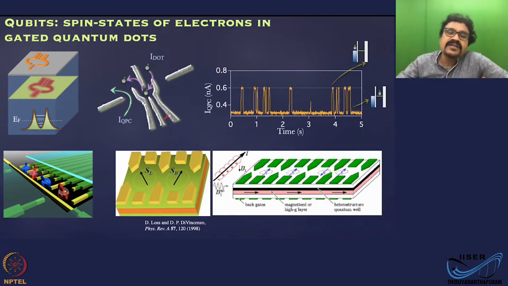So based on this framework, Loss and DiVincenzo proposed that the spin states of electrons trapped in these quantum dots, these gated structures, can host qubits. So the important point is these are gated devices. So it's a scalable architecture.